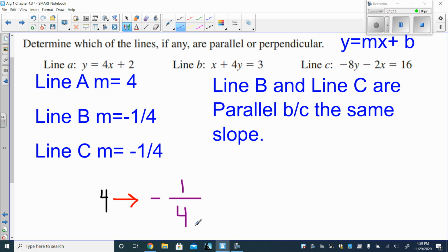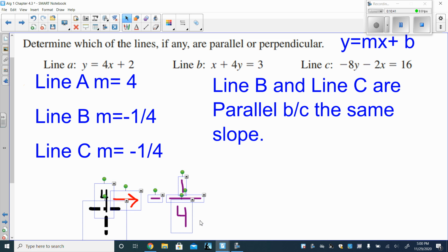So the opposite reciprocal of a line with a slope of 4 would be negative 1/4. We changed the sign and flipped it. Now, with 4, what we really don't say is that this is really divided by 1, because any whole number is always over 1. We just never write it. So we changed it from positive to negative and flipped it and put the number 1 on top.